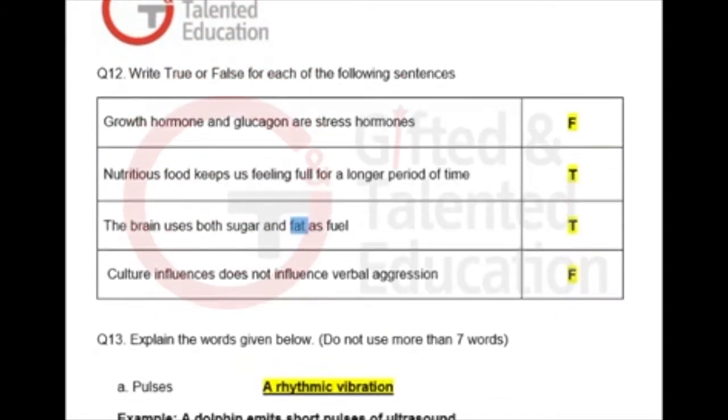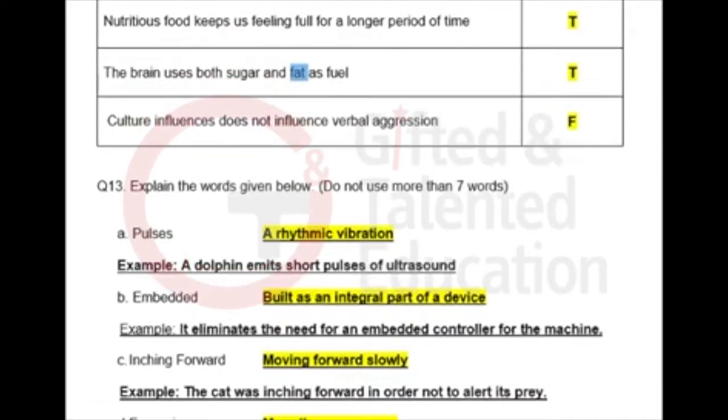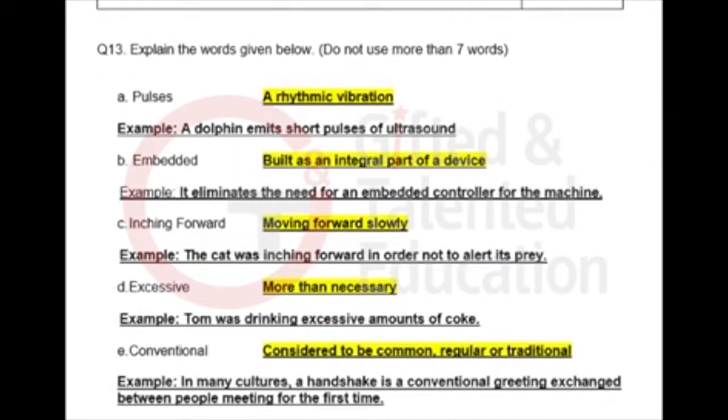Let's try to learn some new words. Let's increase our vocabulary bank. In question 13, we see some words that we can try to define. Pulses refer to rhythmic vibrations.